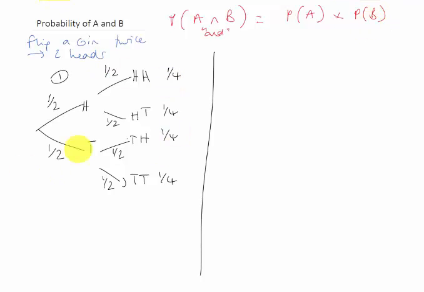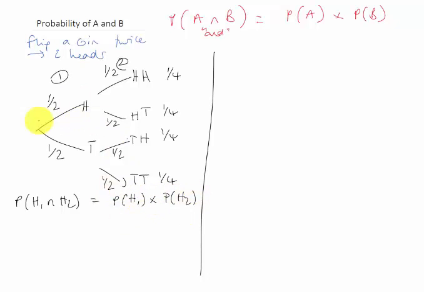So if we translate this into that same notation, so this is the first flip, the second flip, the probability of flipping heads on the first one and heads on the second one is equal to the probability of heads on the first times probability of heads on the second.